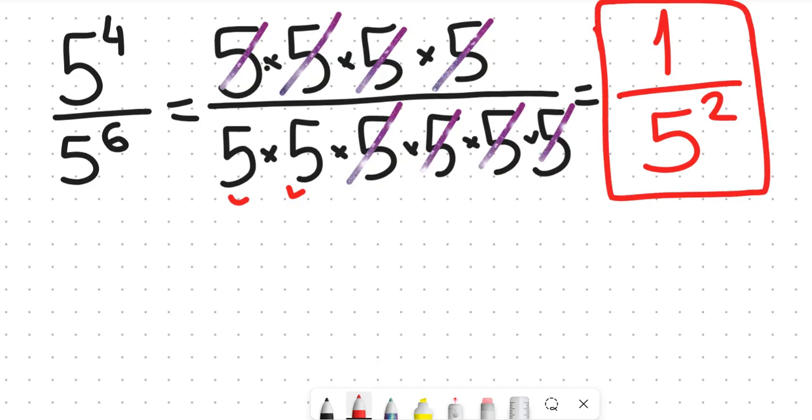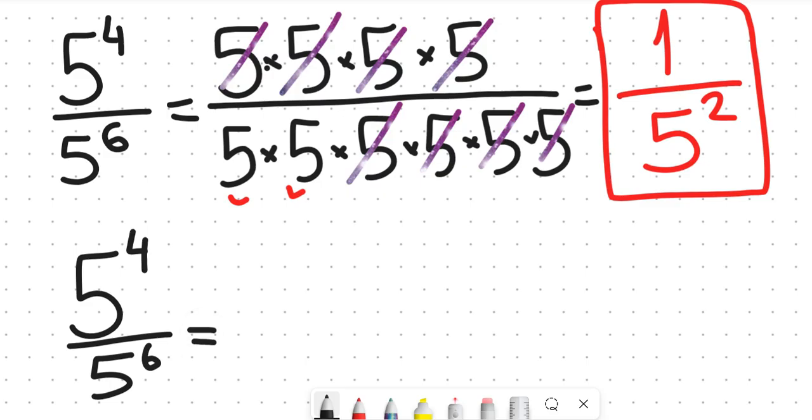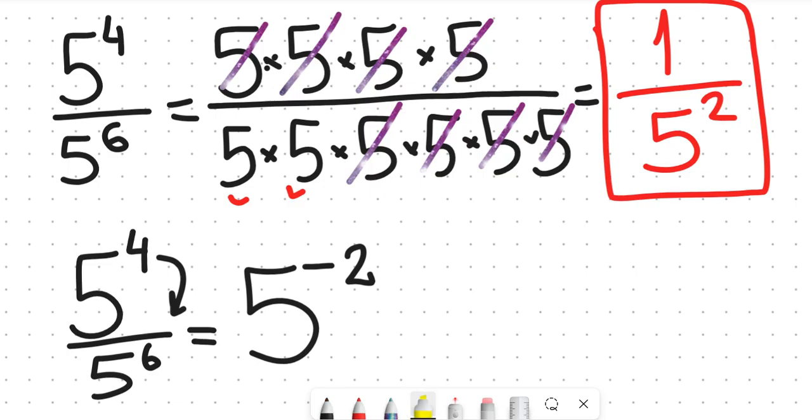Okay, let's do it one more time. This time 5 to the power of 4 divided by 5 to the power of 6. We will apply the rule that we introduced in the beginning of the lesson. We copy the base and we subtract the exponents. So 4 minus 6 is equal to negative 2. All right, we solved the same question twice.